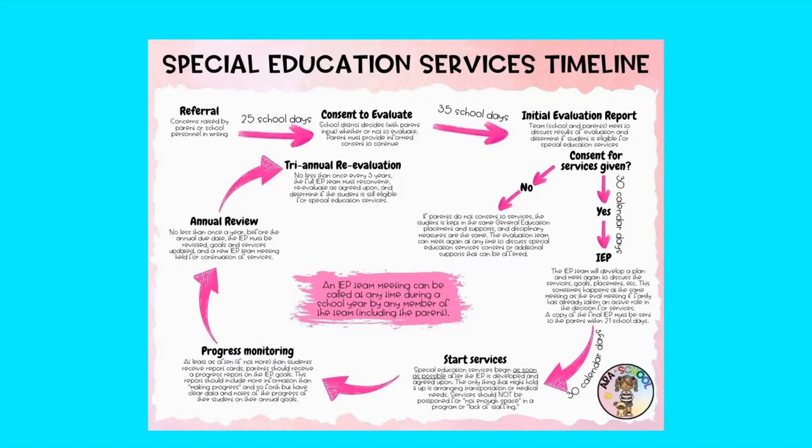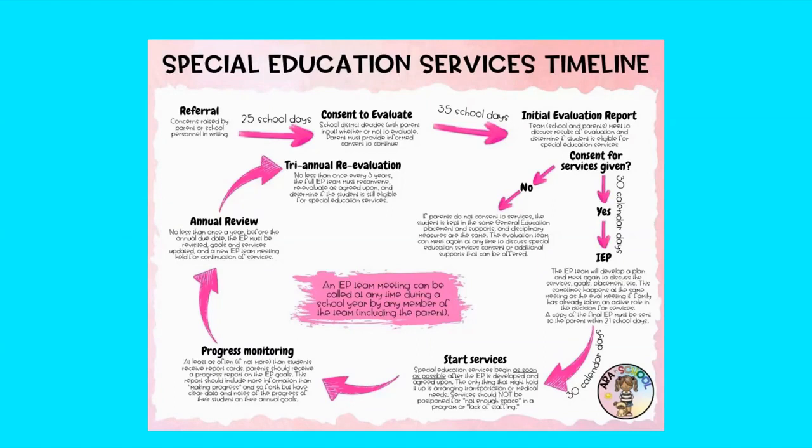Once they have completed that, they present that report to the parent. If the parent doesn't agree with the report, or decides that they just don't need special ed services, then the timeline ends. However, if the parent does agree, then the school has 30 days to complete the meeting and to start services.